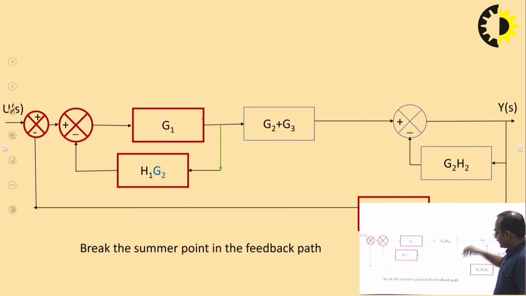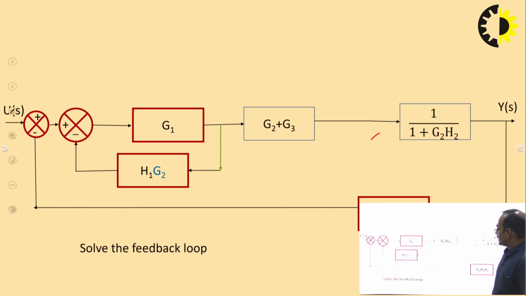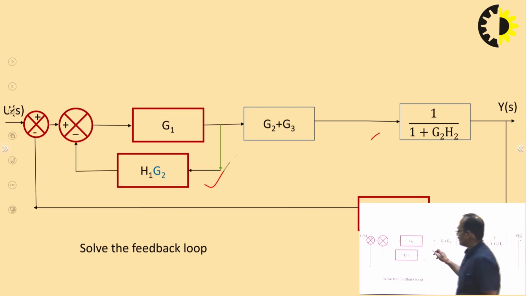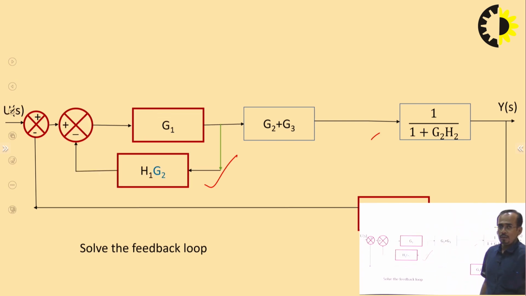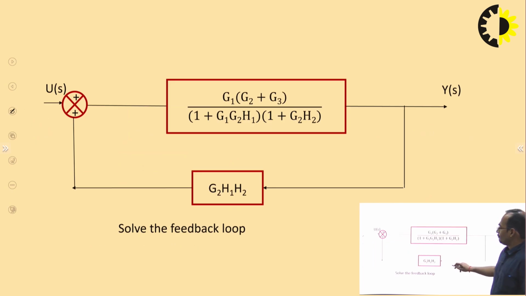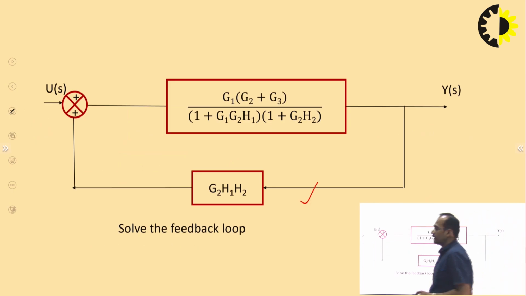So the resultant block diagram will be like this, and the final answer will be G1 upon 1 plus H1 G2, and this is G2 plus G3, this is 1 by 1 plus G2 H2. These are connected in series and this is connected in feedback. So this will be the final block diagram reduction.